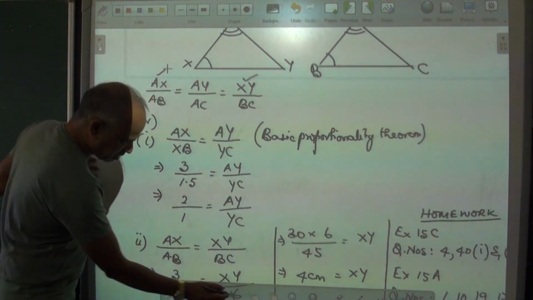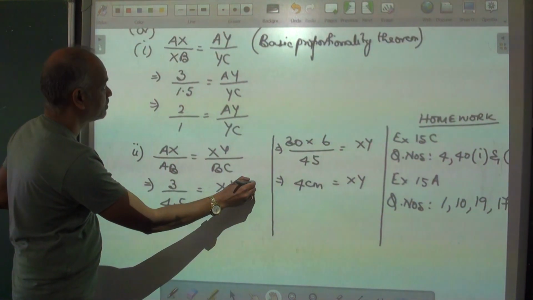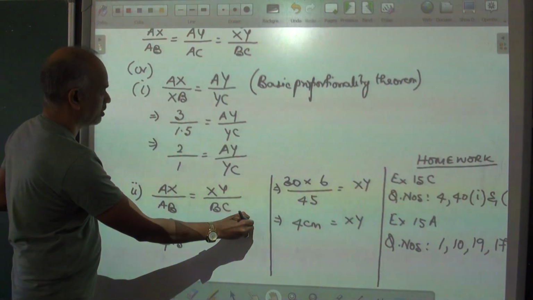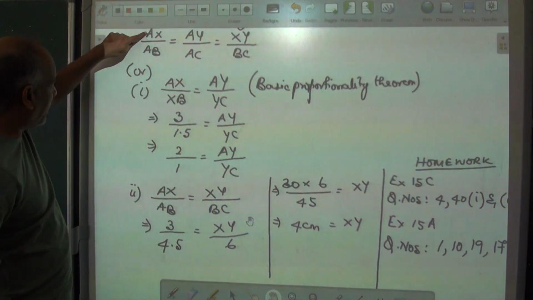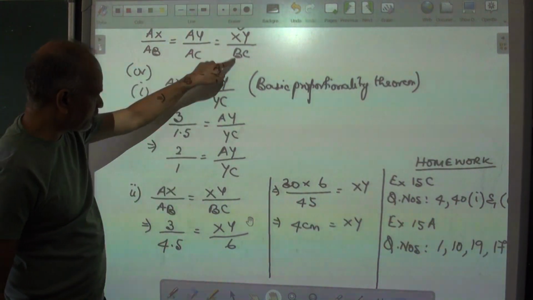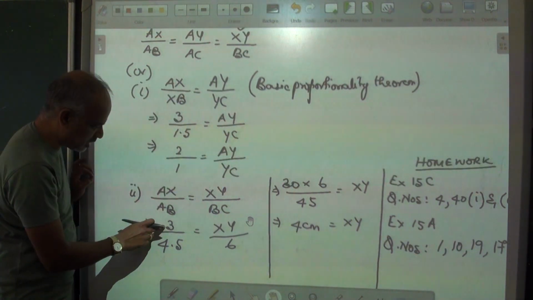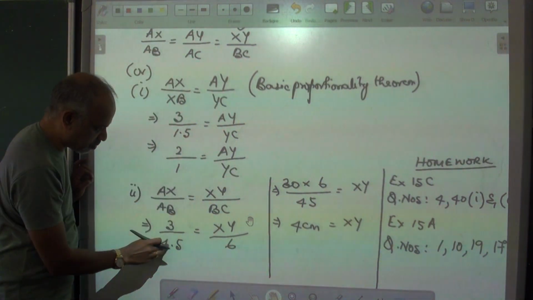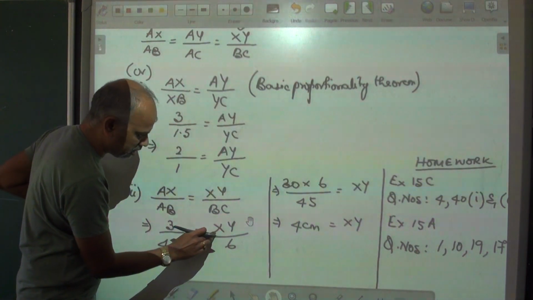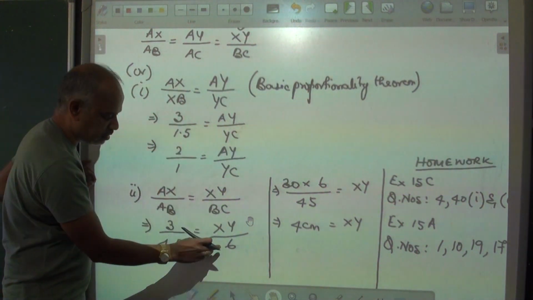For the second subdivision, AX by AB is equal to XY by BC. AX's value according to the figure is 3 and AB, the whole length, is 4.5, is equal to XY, which is what you are going to find, by BC's value, which is known as 6.